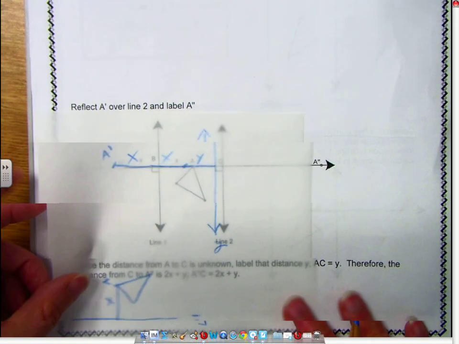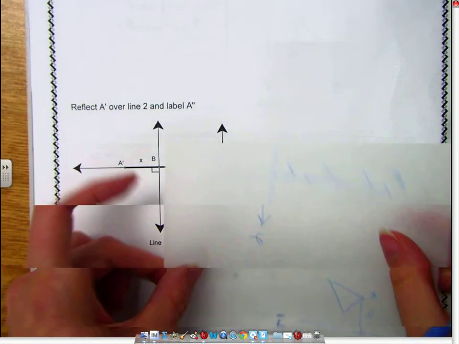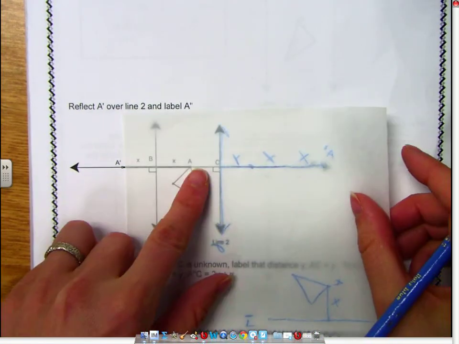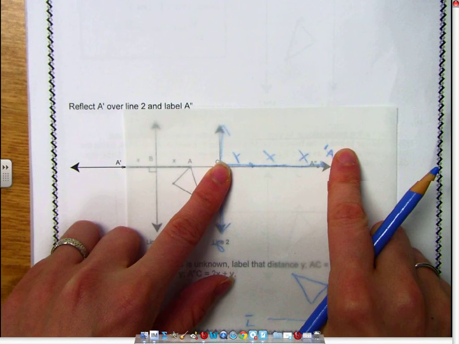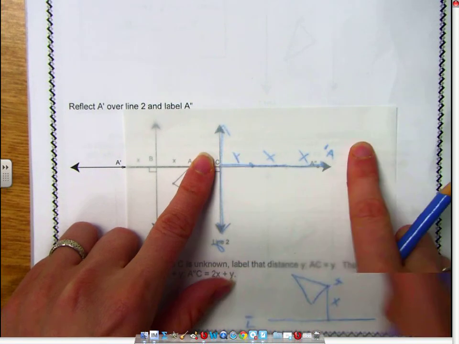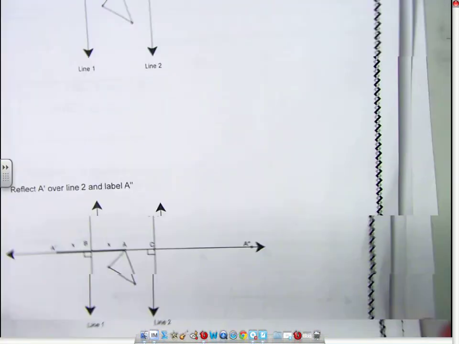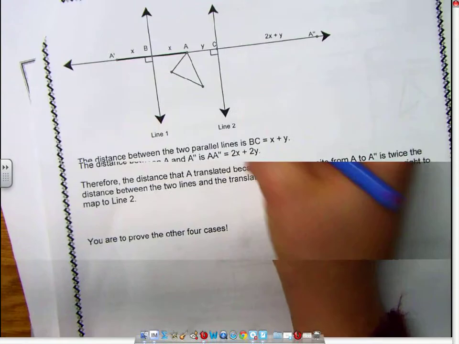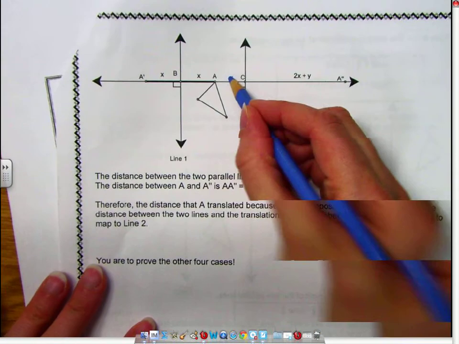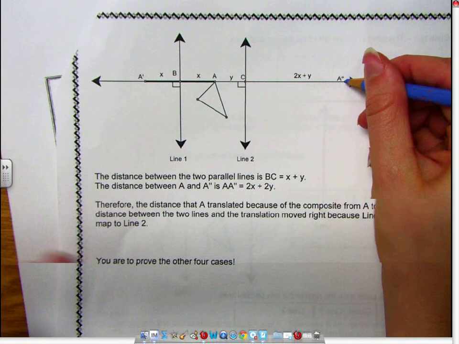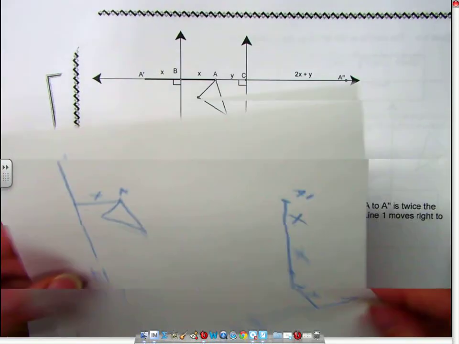So I'm taking this whole thing and I'm reflecting it over line 2. So we should see this whole distance here, okay? So I've labeled this part Y, but A naught, this whole triangle, okay?